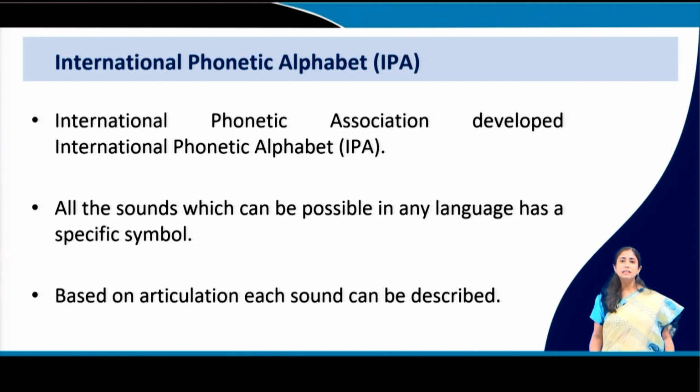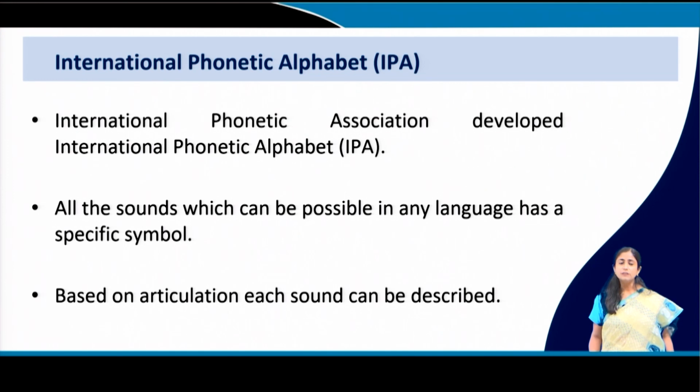So, what do we see as a solution? There is the International Phonetic Alphabet. This set of symbols, which was developed by the International Phonetic Association, represents one sound with one symbol. So, there is no mismatch ever.